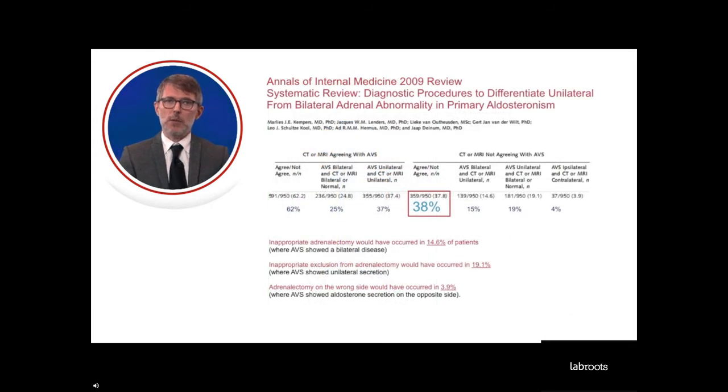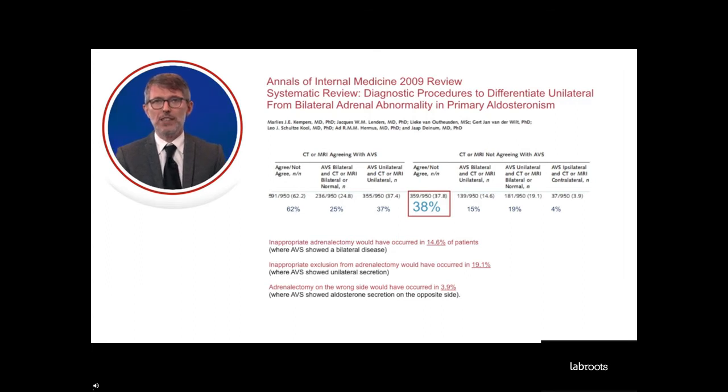AVS, adrenal vein sampling, is necessary because in 38% of the cases, the imaging technique is misleading compared with the final diagnosis. So in 38% of the cases, the diagnosis is different from what was suggested by the CT scan.